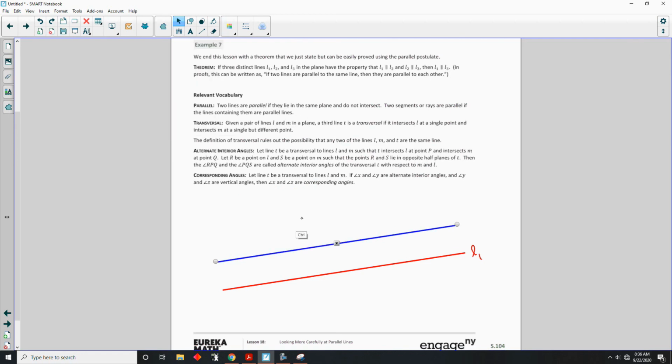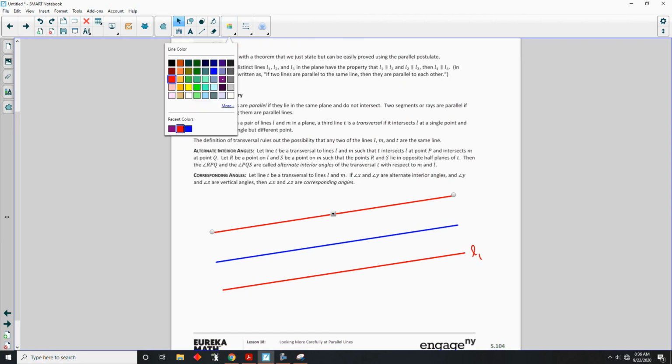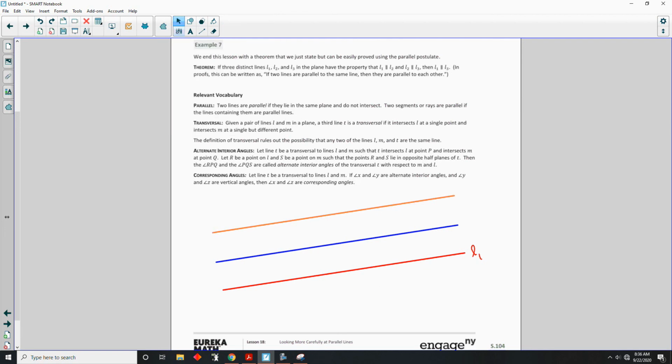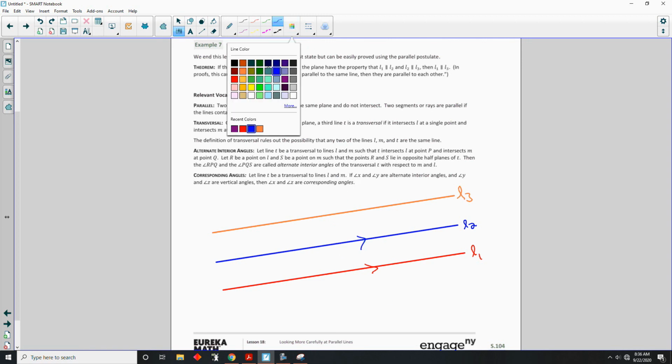Okay, and then copy it again and change its color to orange. Okay, so there's three lines. This is L2 and then L3. So what they're saying is, if L1 is parallel to L2 and L2 is parallel to L3, then L3 is parallel to L1.